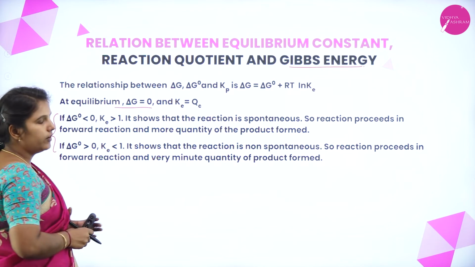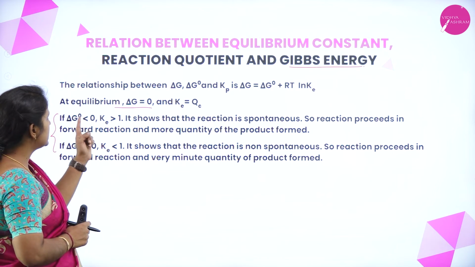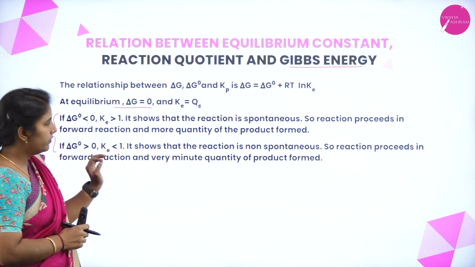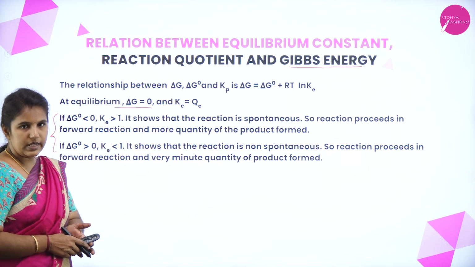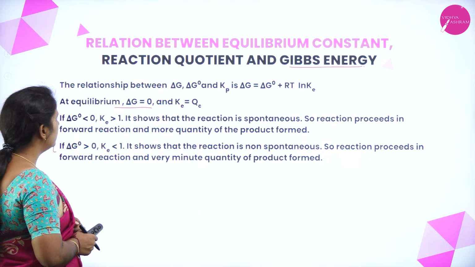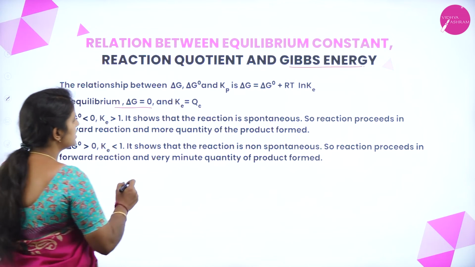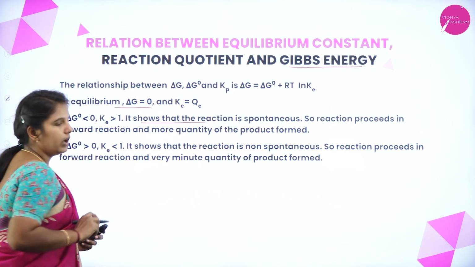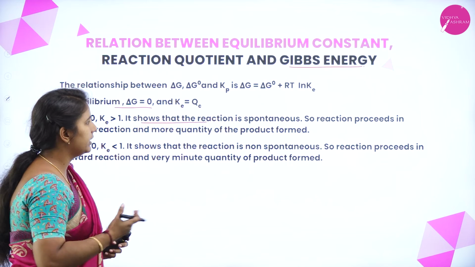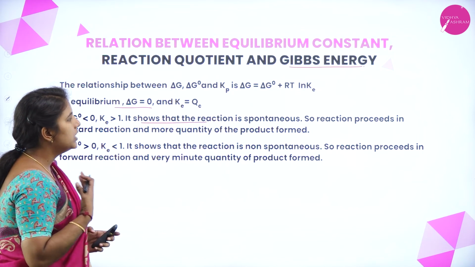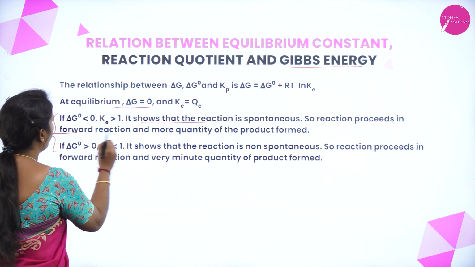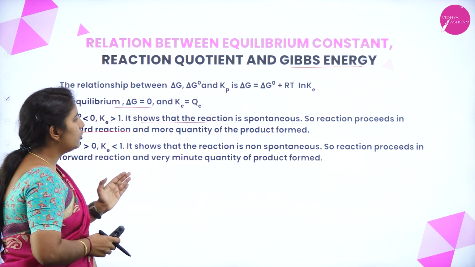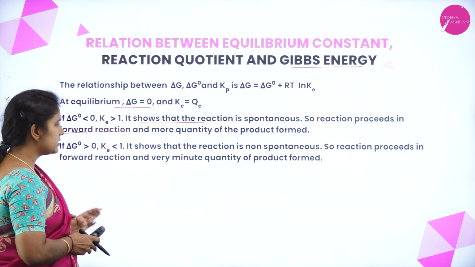Then the above equation leads to two conditions. One is that if delta G naught is lesser than 0, then the Kc value will become greater than 1. It shows that the reaction is going in a forward direction, that is a spontaneous process, so the reaction proceeds in the forward direction and a larger quantity of product is formed.